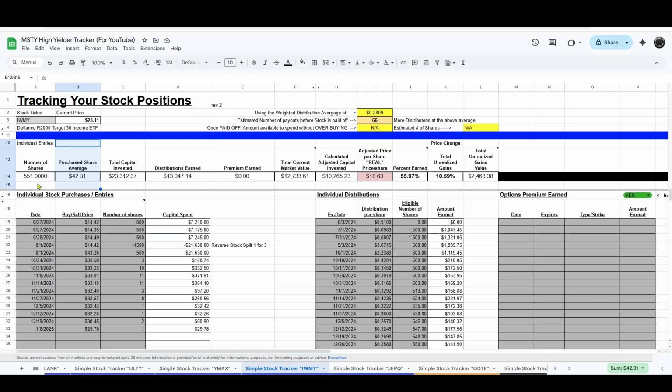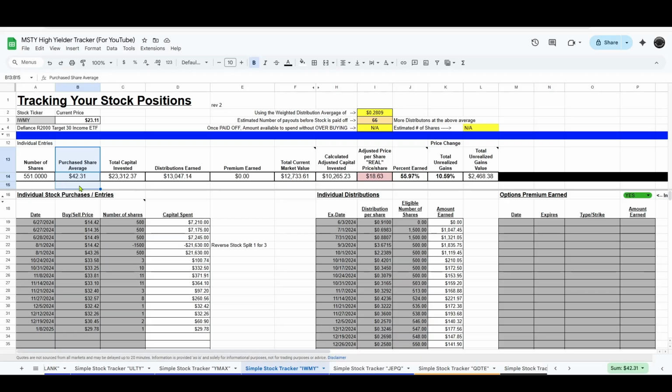Because that 1,500 shares went to 500 shares. So therefore, my purchase price, which was around this area, around $14, also 3x'd, right? Which took it to an average price of $42.31.